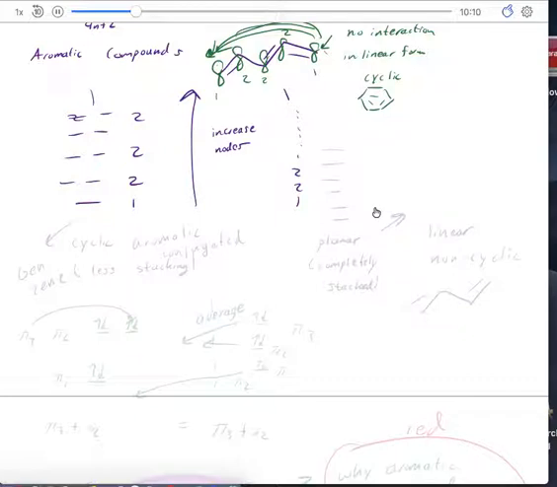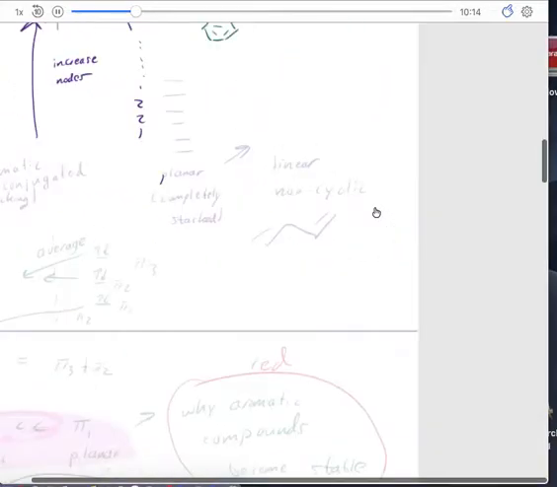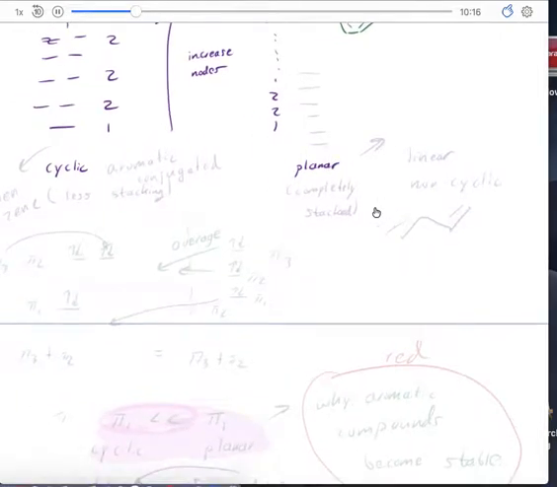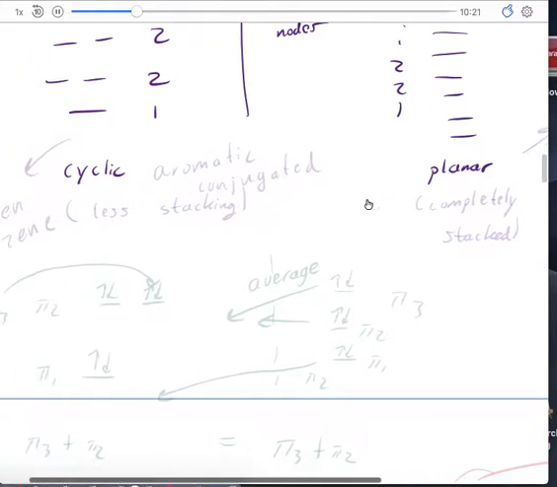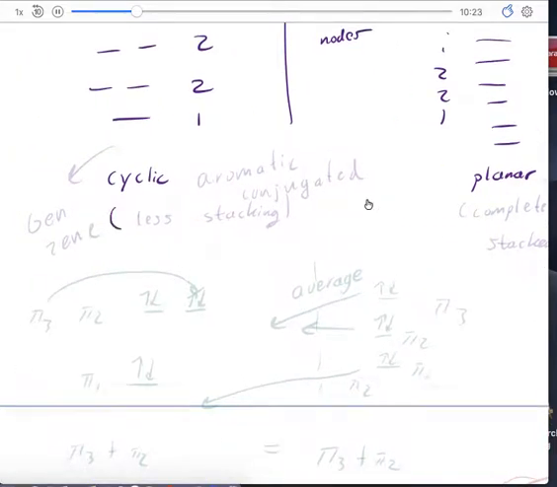And I'll actually write that: cyclic, and then planar. The orbitals simply stack on top of each other. Less stacking, completely stacked.